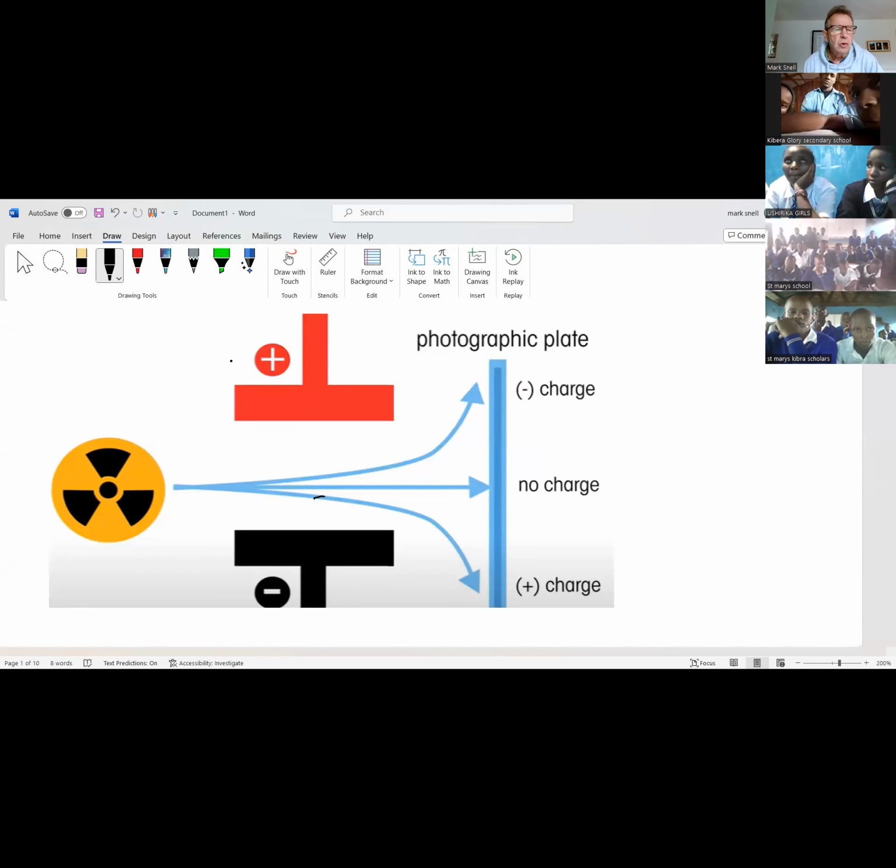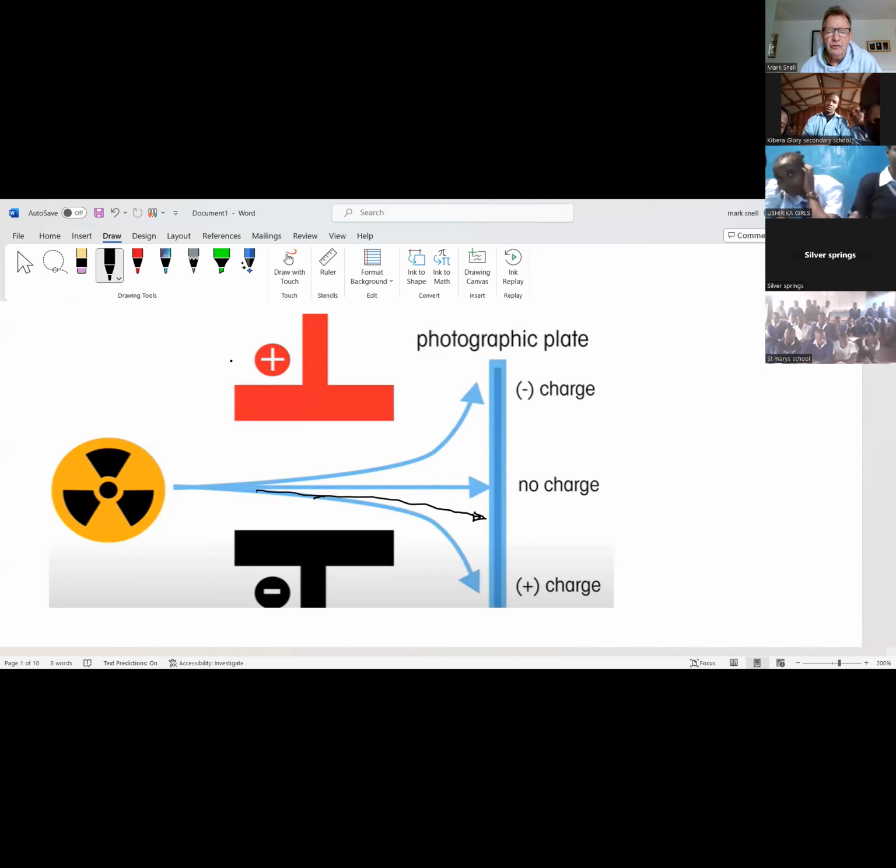The thing which is wrong with this is that the one which is attracted to the negative, so the negative is down here at the bottom, okay? One of them is attracted towards the negative, but although it is attracted towards the negative, it is not very attracted. So it goes more like that. The one which is attracted towards the positive is very strongly attracted and moves a lot.